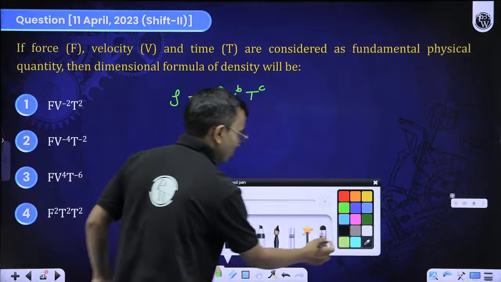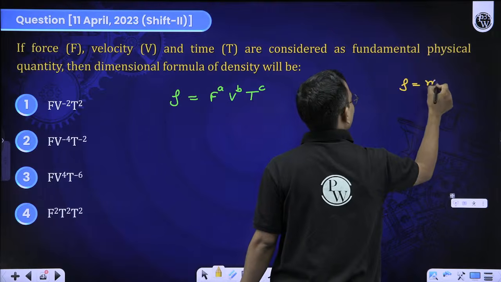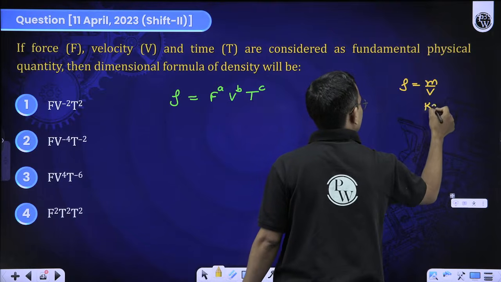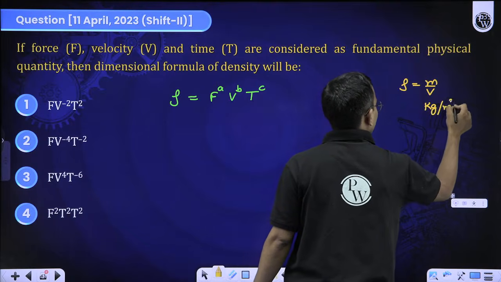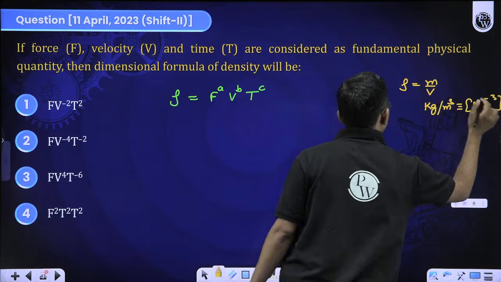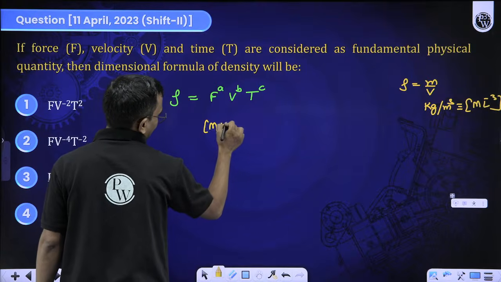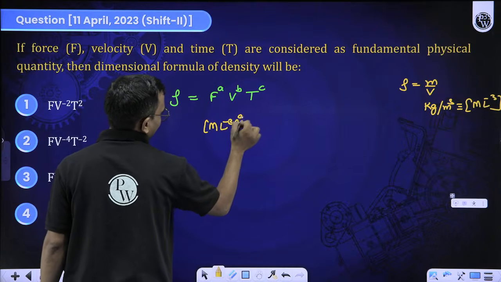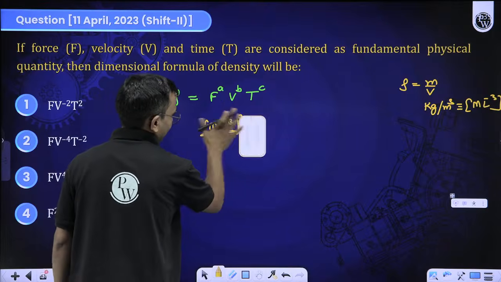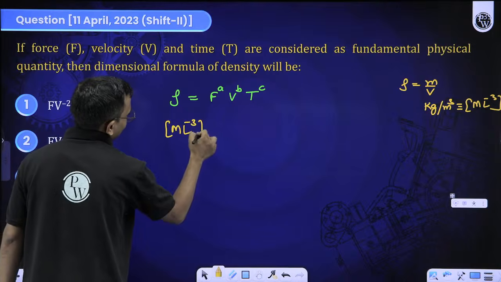Let us write the dimensions of density. Density is mass by volume, so the unit is kg per meter cube. So the dimensions are ML minus 3. On the left side, ML minus 3.